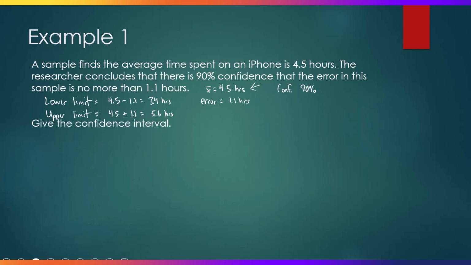And this gives us our confidence interval, which we can write mathematically as an interval, 3.4 hours to 5.6 hours. And a true mathematician might leave off the units. But that's our confidence interval.